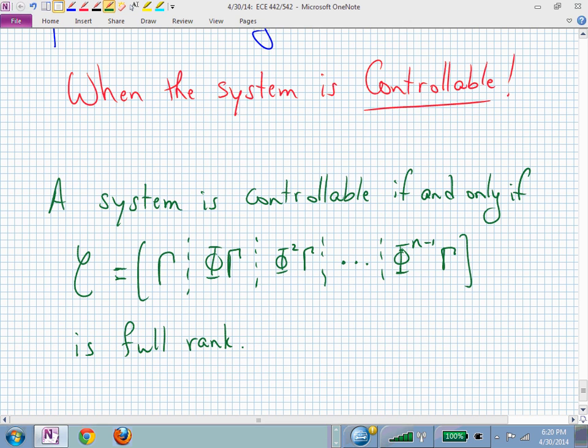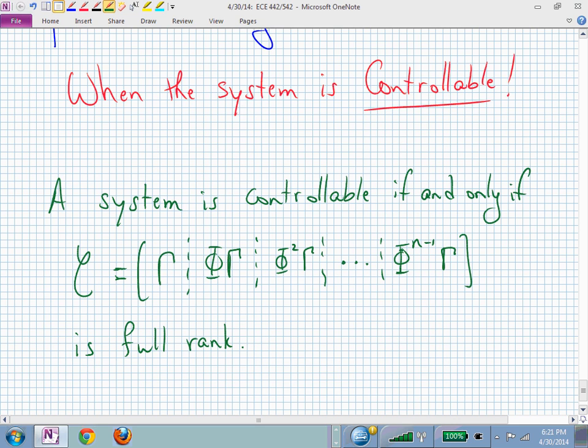You know what full rank means? This now has to have rank little n. If gamma has more than one column, this controllability matrix might be really wide, but it's always n tall. And we need n of those rows to be linearly independent. We need all n rows.